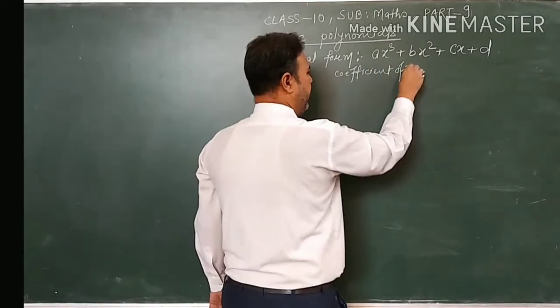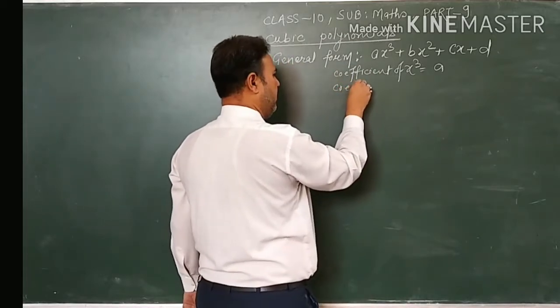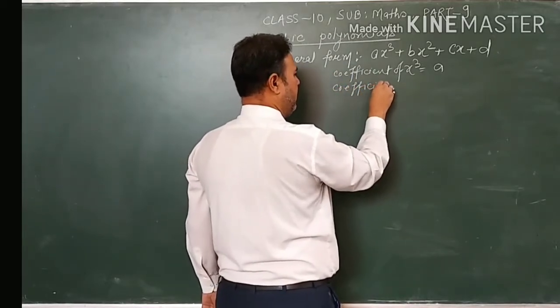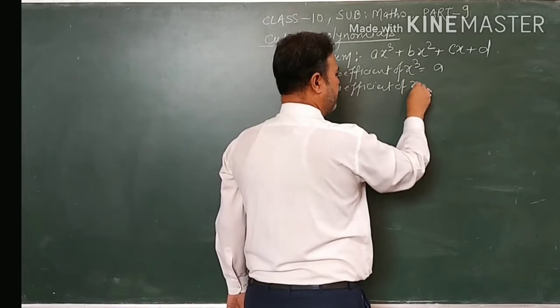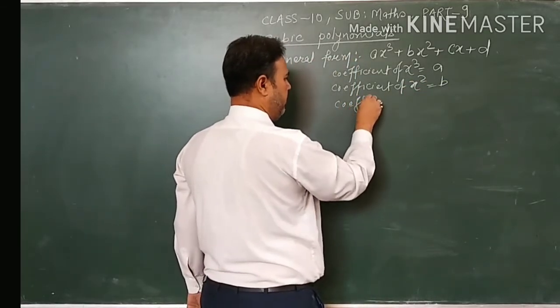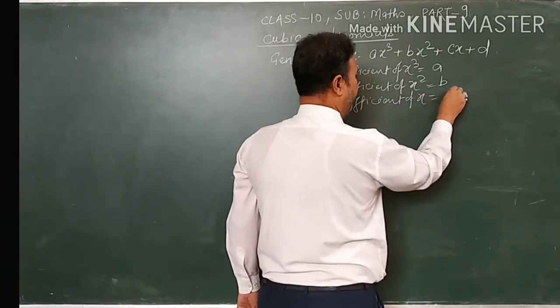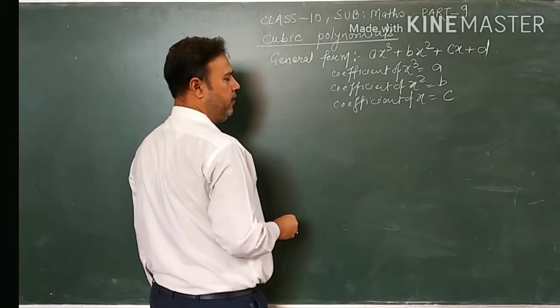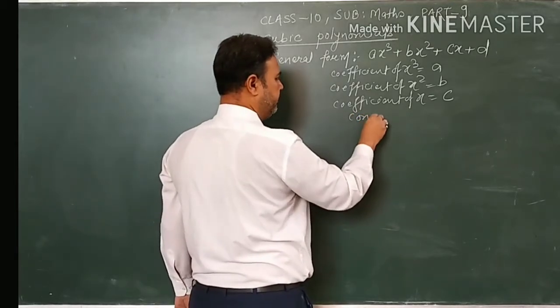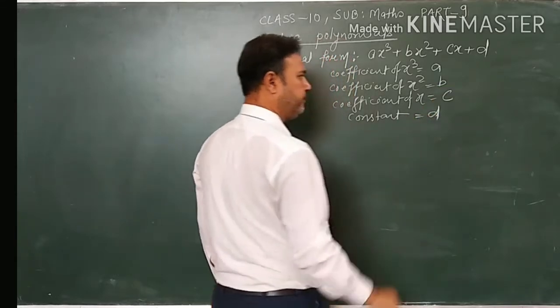Coefficient of x cube is equal to a. Coefficient of x square is b. Coefficient of x is c, and constant, the last term, is d.